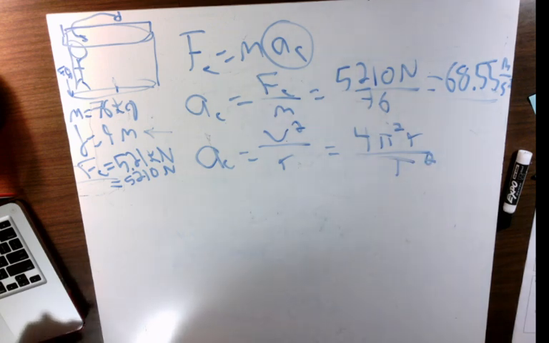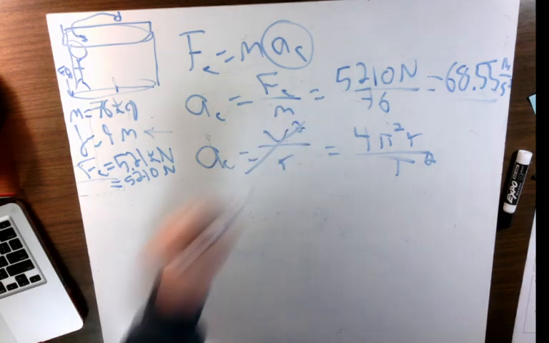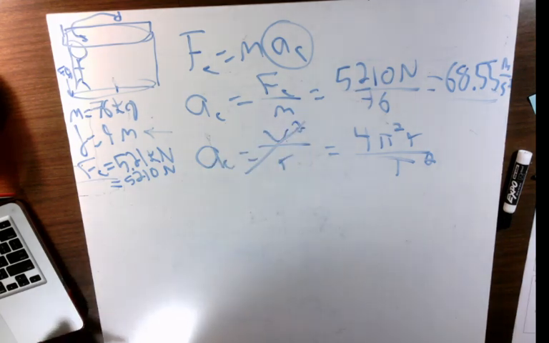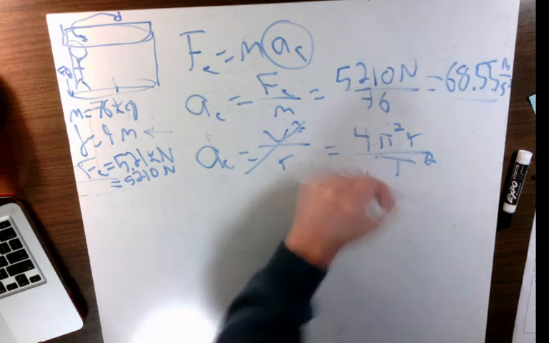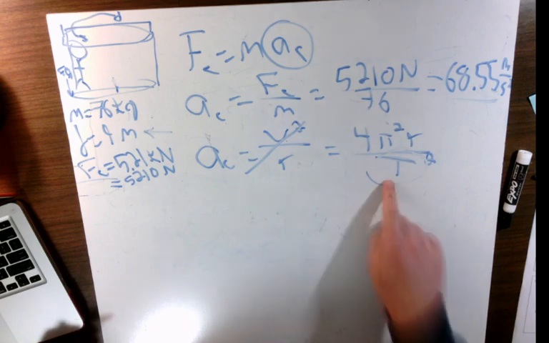Do we know anything about speed in this question? Are they talking about speed at all? Can we solve for it? Truth is no. We don't want to be working with speed. We want to find the time it takes for one revolution, which is our period. That's what we're looking for.